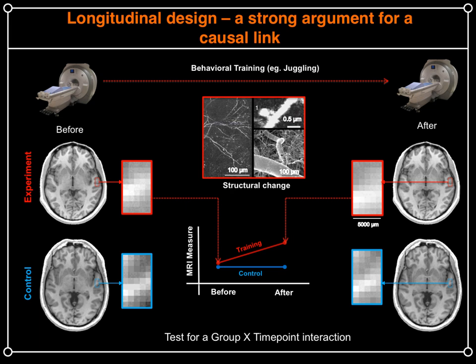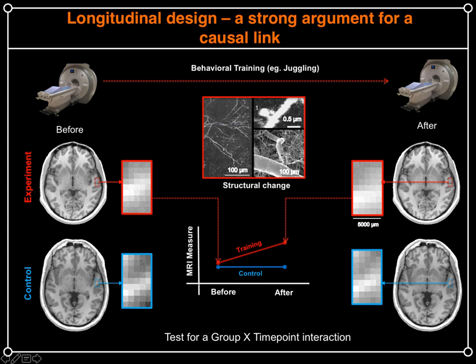The traditional approach to looking at brain changes is predominantly to use a longitudinal design, purely because it provides the strongest argument for making a causal link between some intervention and the change presumably evoked by that intervention. So the standard approach is you take two groups of subjects, an experimental group and a control group. This here is a T1 weighted image. Let's say you have some pixel intensity here between the two groups.